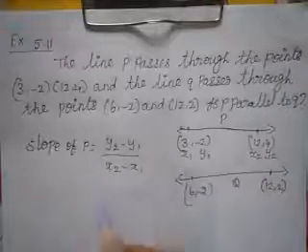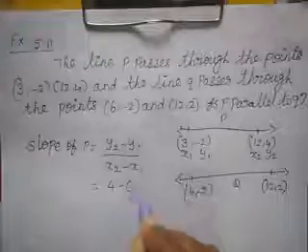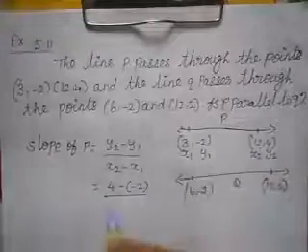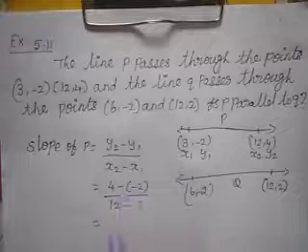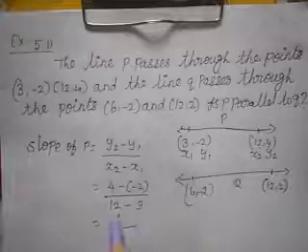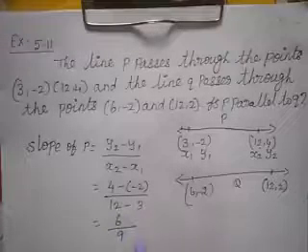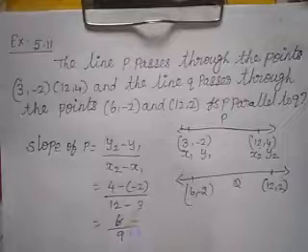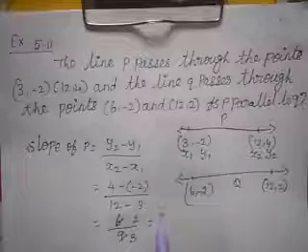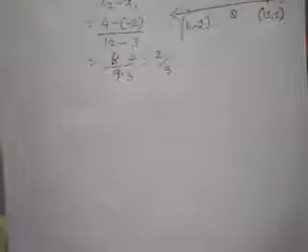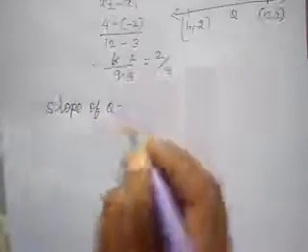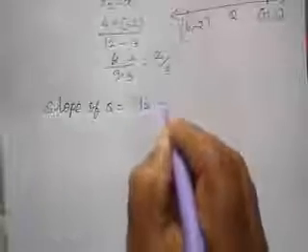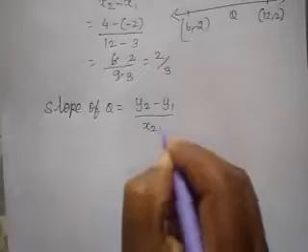Here y2 is 4, y1 is minus 2, x2 is 12 minus x1 is 3. 4 minus of minus 2 is 6 by 12 minus 3 is 9. Simplify the fraction. 2 3s are 6, 3 3s are 9. So that is equal to 2 by 3. Next, slope of Q is equal to y2 minus y1 by x2 minus x1.